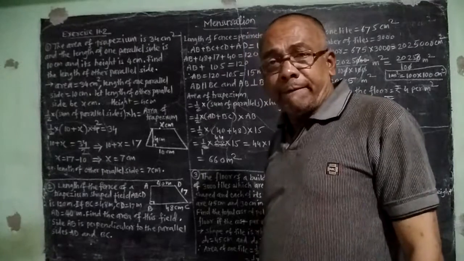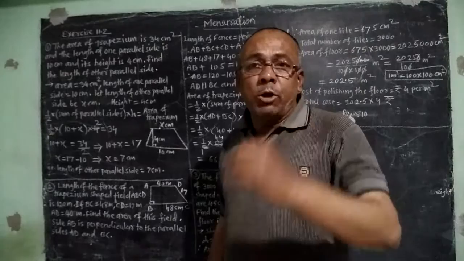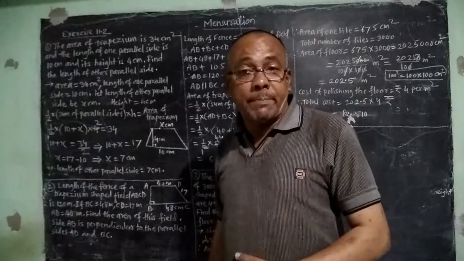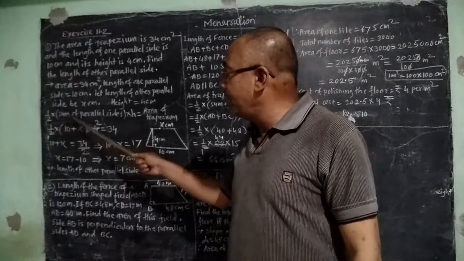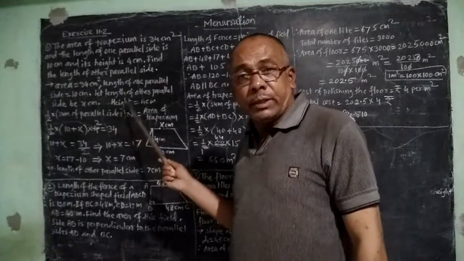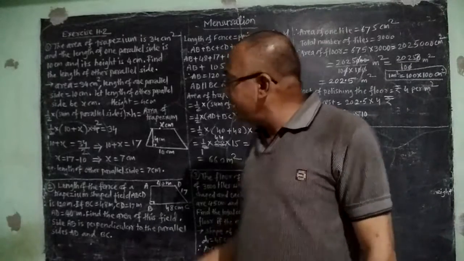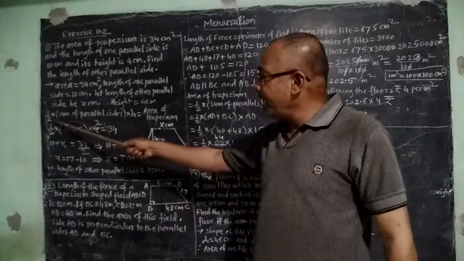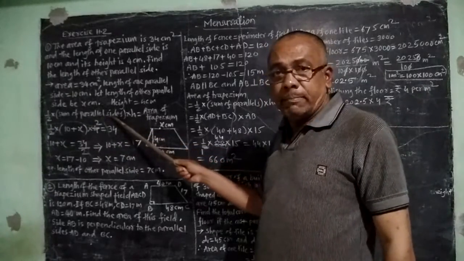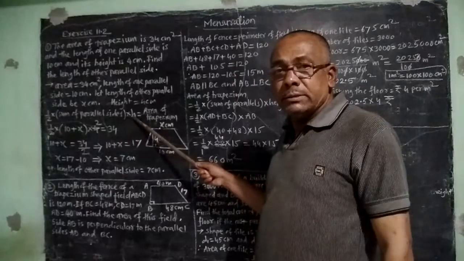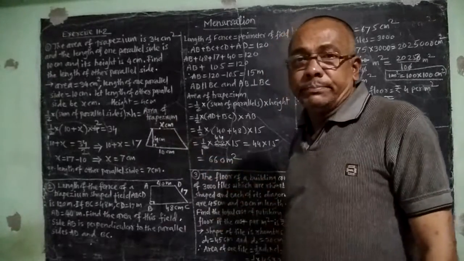And therefore we know the formula for the area of a trapezium: area of trapezium is equal to 1/2 into sum of the parallel sides into height. So here I have written 1/2 into sum of the parallel sides into height, and that is equal to the area of the trapezium.